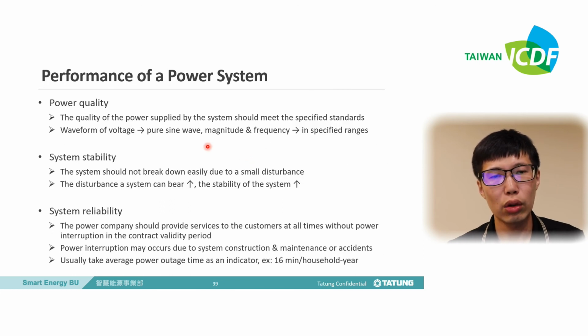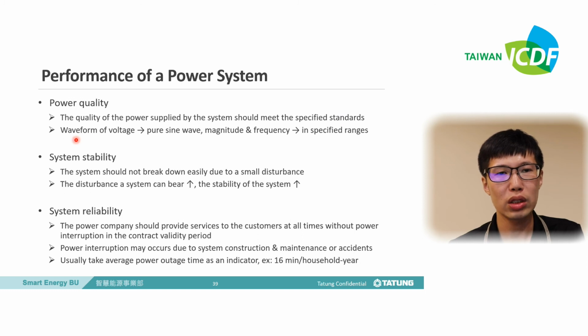And finally, how to evaluate the performance of a power system? We can evaluate the performance from three aspects. First is the power quality. The quality of the power supplied by the system should meet the specified standards, which means the waveform of the voltage should be a pure sine wave, and the magnitude and frequency of the voltage should be in a specified range.